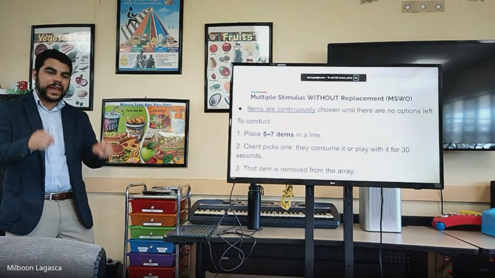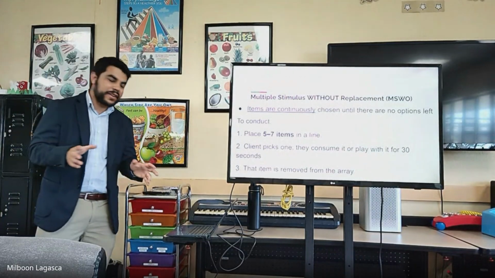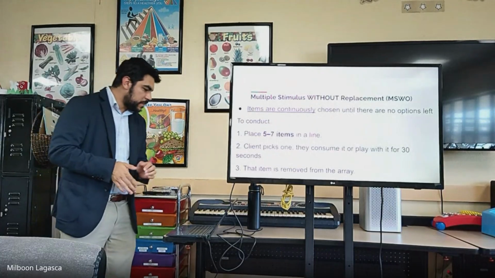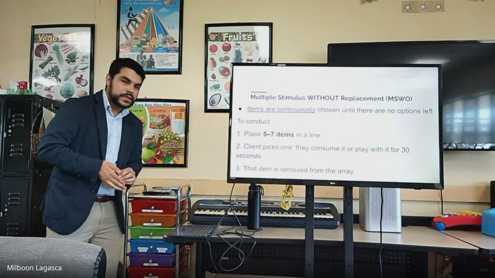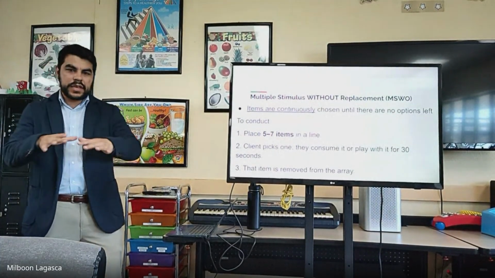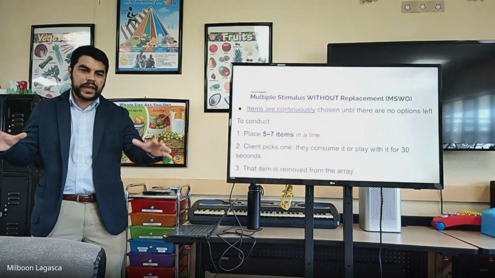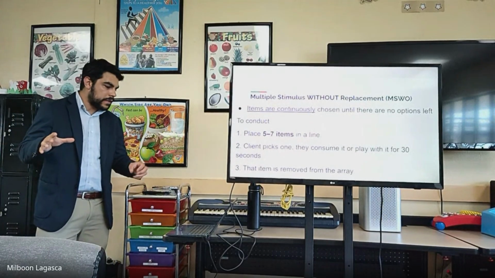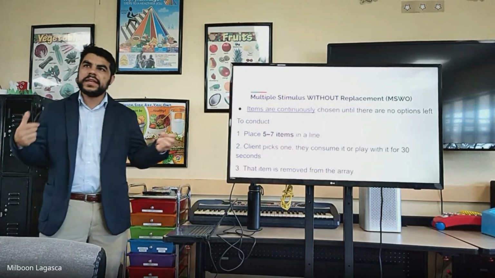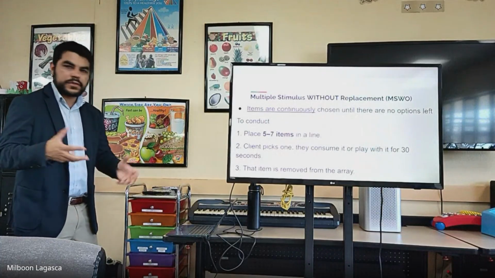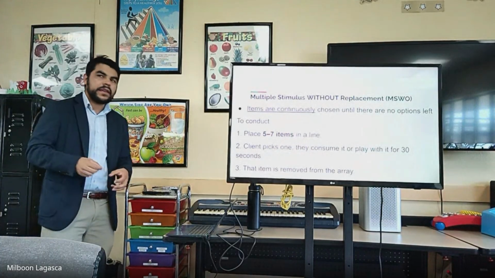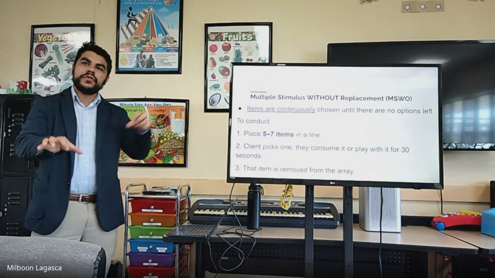Now, what if we add even more stimuli in an array? This is multiple stimulus without replacement. The basic idea is you get another array of items, and the client picks one. It could be an edible item, so they could consume it, or they can play with it for a while if it's a toy or a manipulative, and then that item is removed from the array.